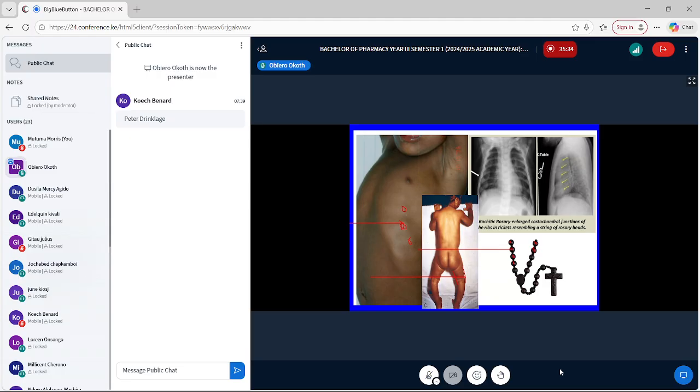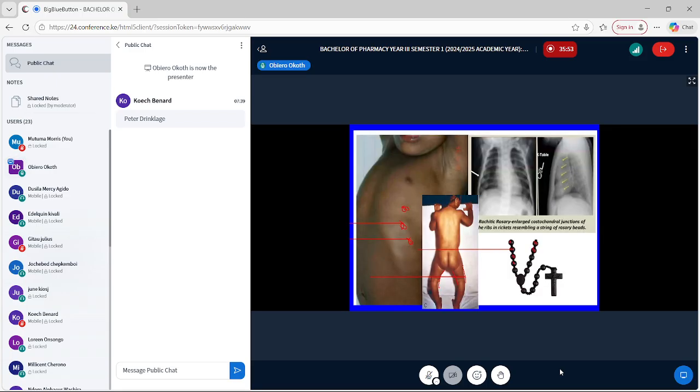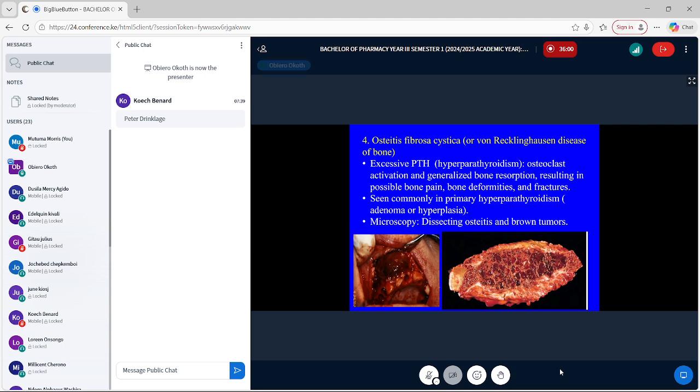You can see there's a swelling here, another swelling there, another swelling there, at the costochondral junctions. So there's this bowing of the legs, and of course there's lumbar lordosis, and they also have the chest swelling out like a pigeon's chest. That's normally what we call pectus carinatum.